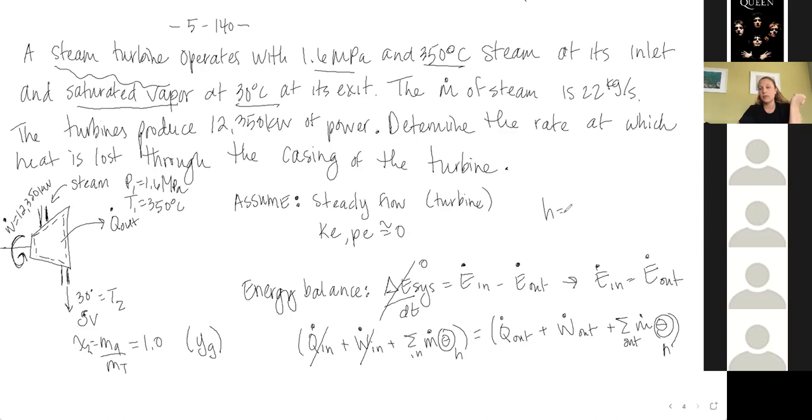Because enthalpy is u plus P times specific volume, and these are all specific. So therefore, our equation becomes our mass flow rate at point 1 times our enthalpy at point 1 is equal to our mass flow rate at point 2 times our enthalpy at point 2 plus our heat over time coming out, plus our work over time coming out.